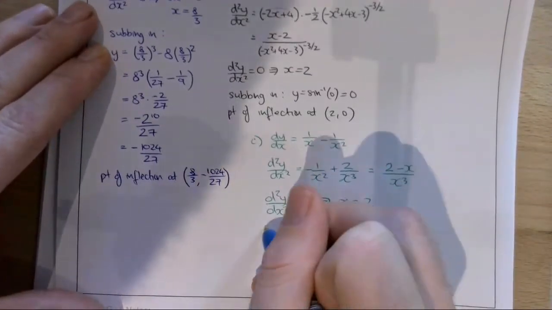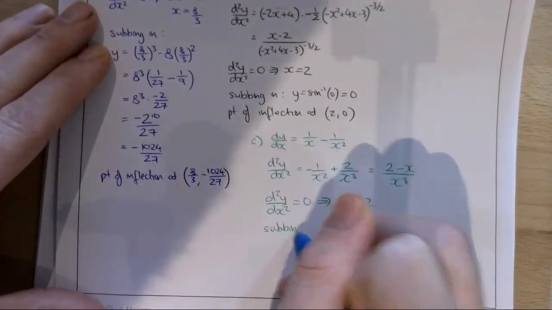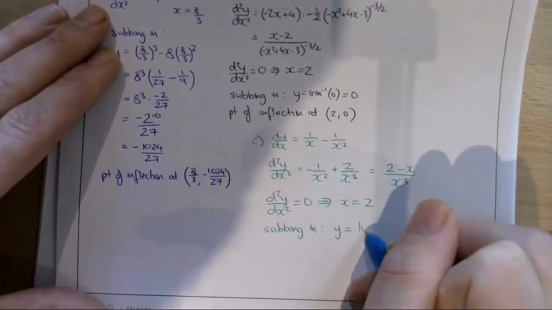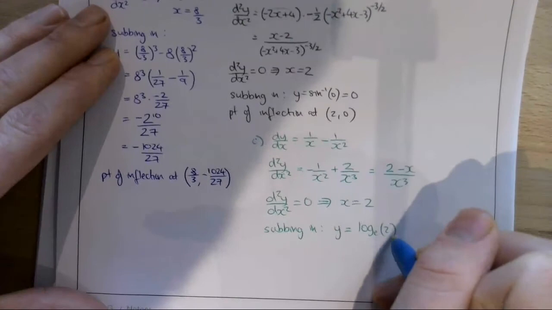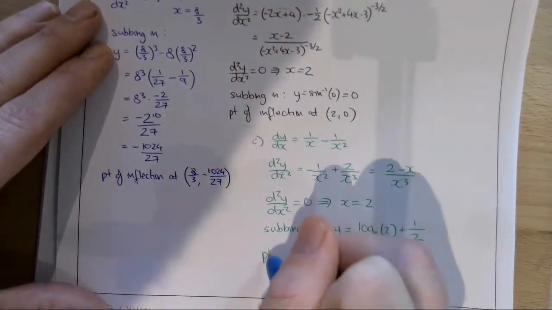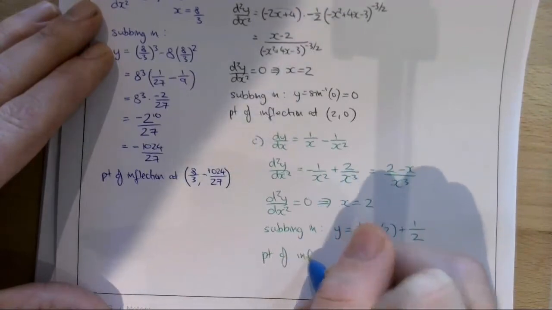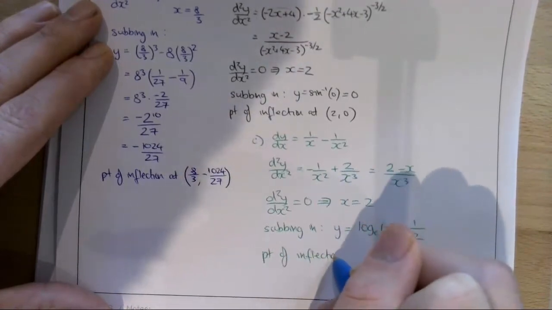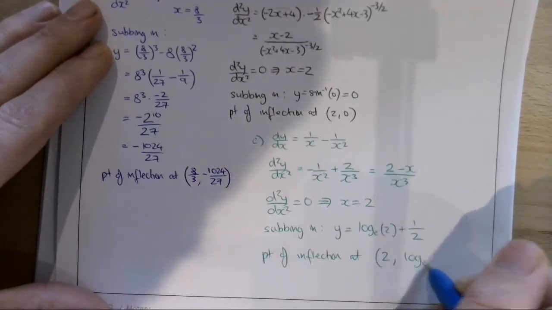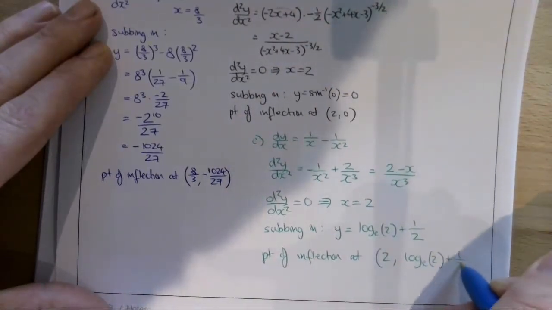Then substituting in, y is log base e of 2 plus 1 over 2, or a half, meaning that my point of inflection is at (2, log e of 2 plus a half).